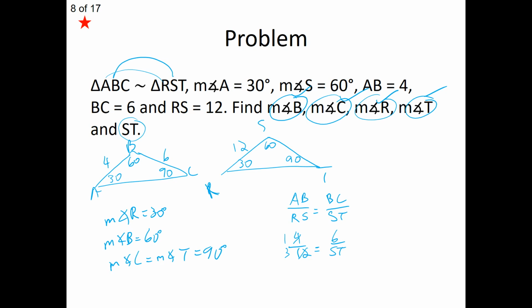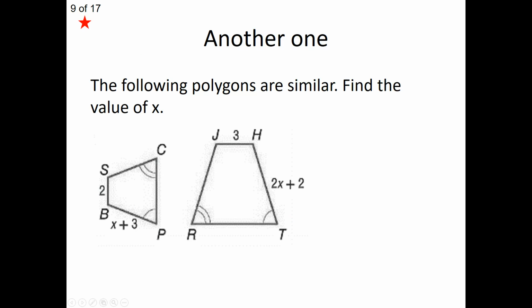Then I'm going to cross multiply. 1 times ST is just ST, and 3 times 6 is 18. And there we have it. We found our missing side for our triangle. So we can use proportions as well. That's why we've been setting up this idea of proportions to find missing side lengths within our similar polygons.